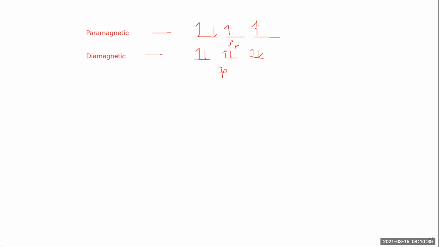Mm-hmm. Whereas if it's diamagnetic, it'll flow right through. Does it make sense? Yeah. And that's again because these are canceling each other out with the opposite spin, whereas these aren't going to be able to cancel each other out. Okay.